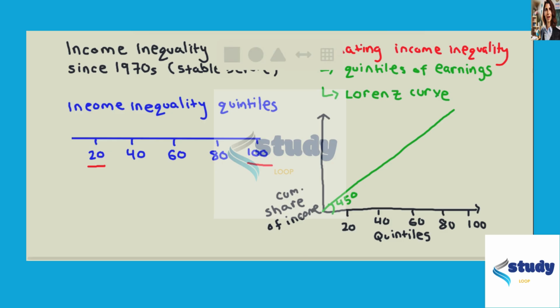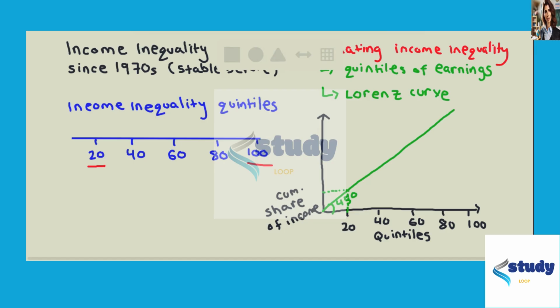So basically, there would be an equal distribution. If you think about it, at 45 degrees, it means every share of income is equal to the distribution of the quintiles. And this means that it is perfect equality.